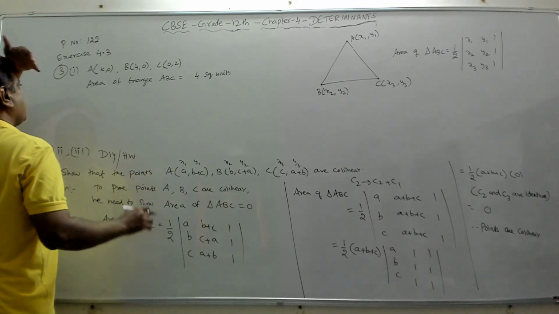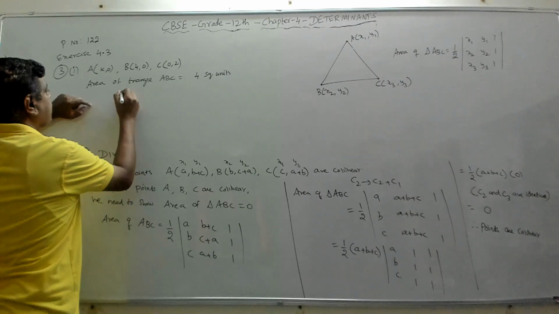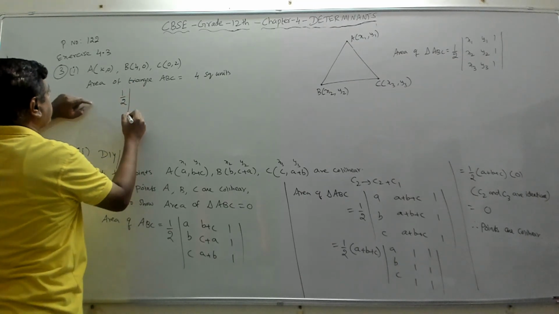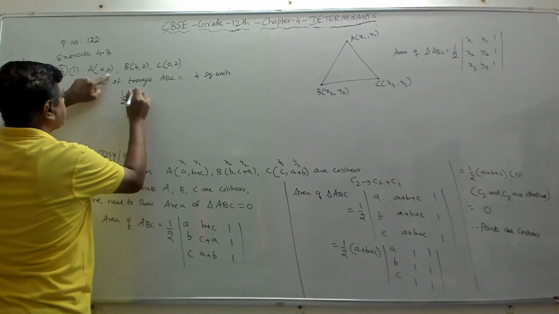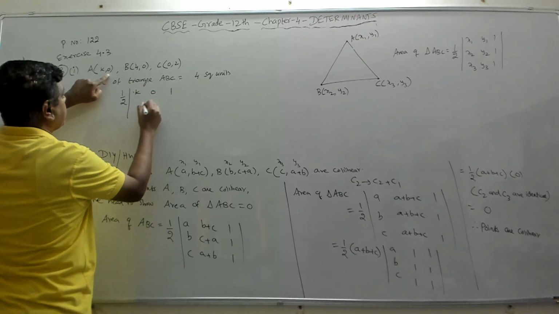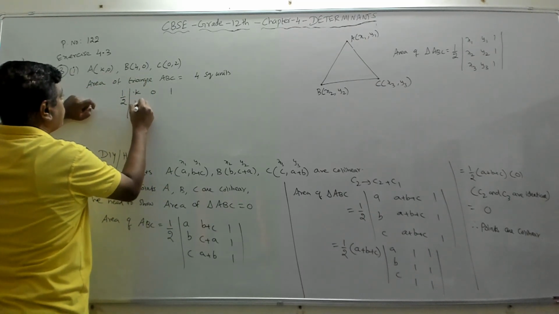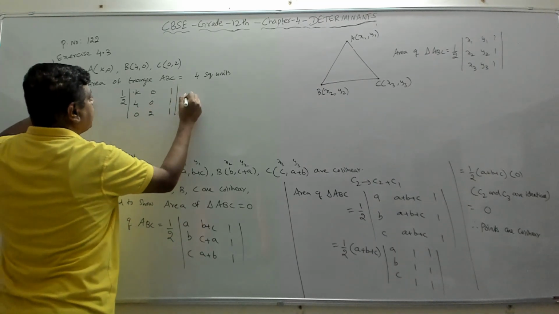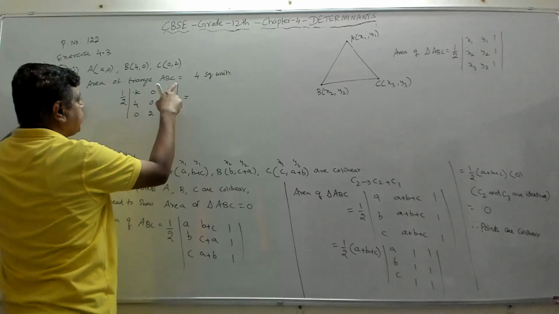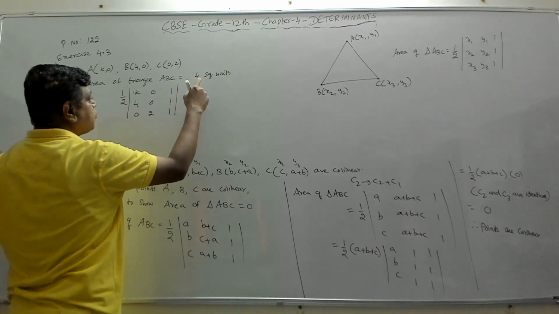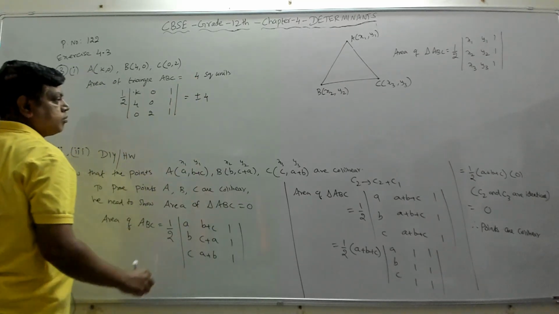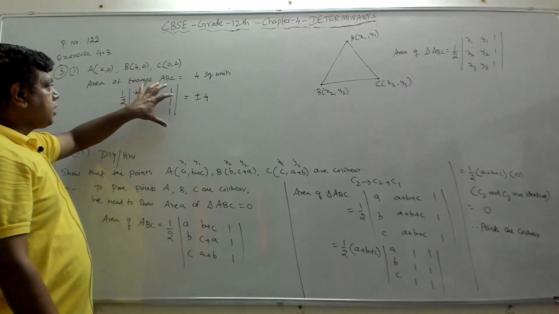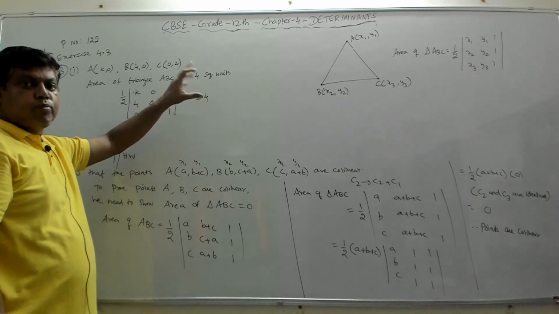Now to find the value of K, what is the area of the triangle ABC formula? Half of the determinant of x1, y1, which means K, 0, 1, then x2, y2, 4, 0, 1, 0, 2, 1. That is equal to, now the moment we write this in terms of determinants, if the area is 4 it will become plus or minus 4, because we always take the area as the absolute value.